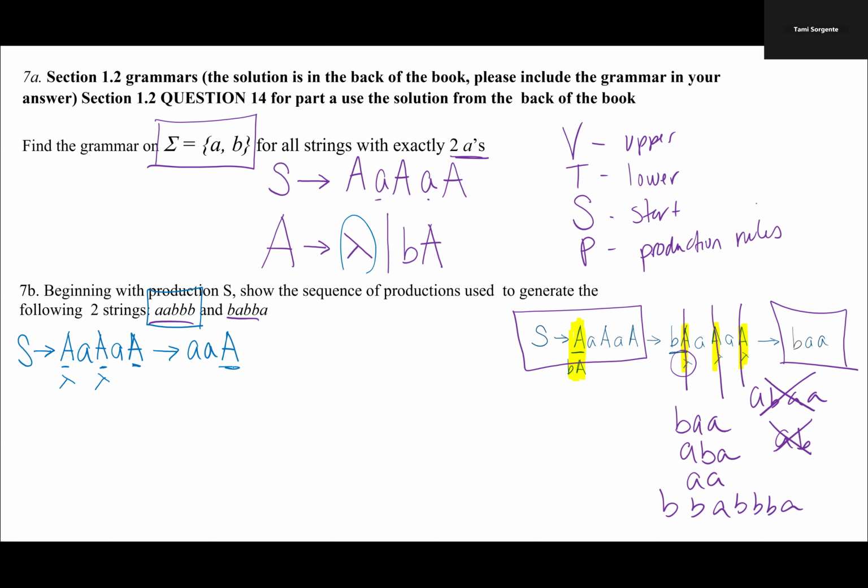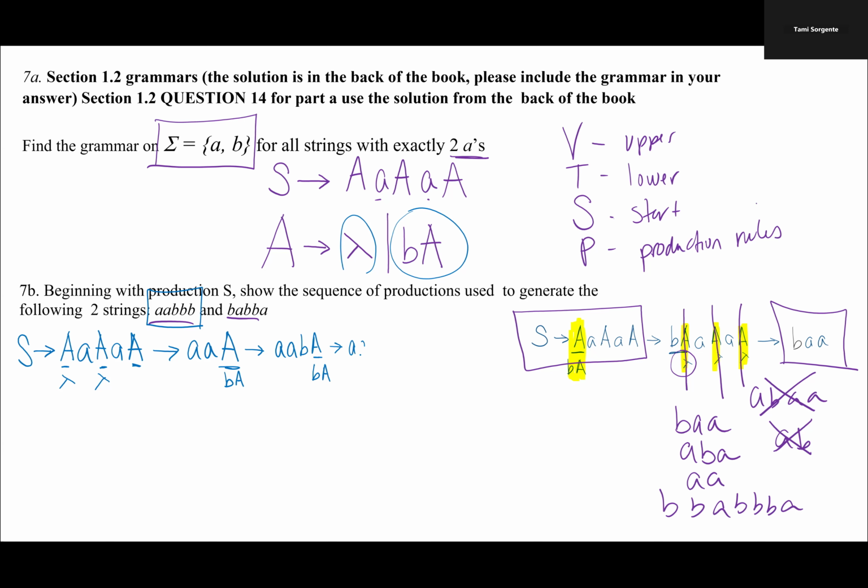So this A, now I'm going to put a B there because I need to pick up a B. So in this production, I'm going to take that A right there and replace it with a BA. So I picked up one B. I need to pick up three B's. So I'm going to replace this one again.